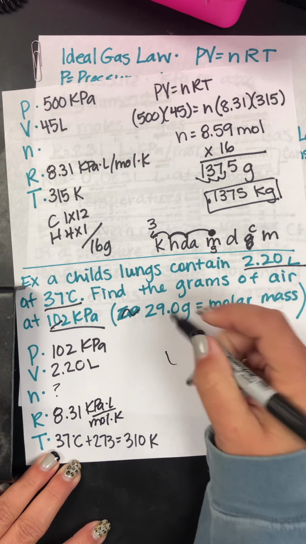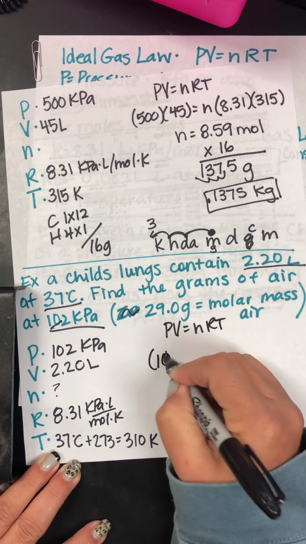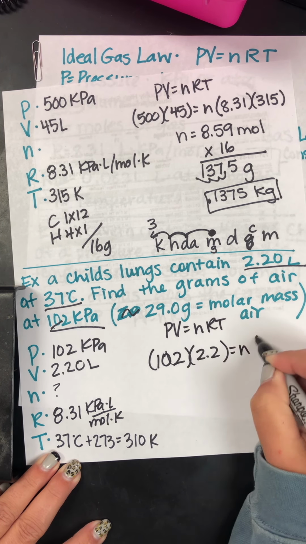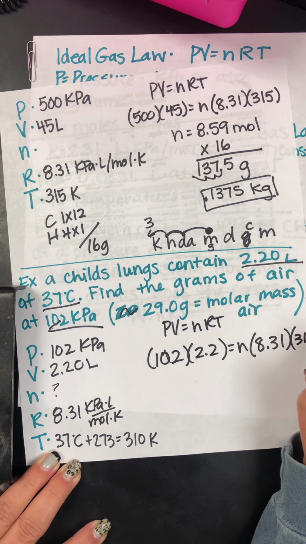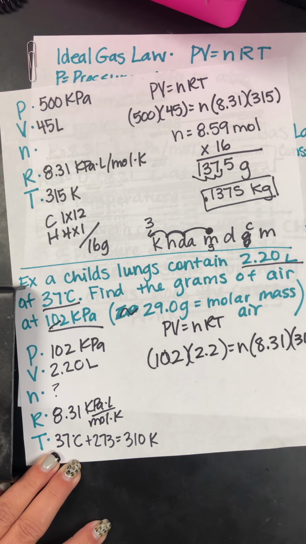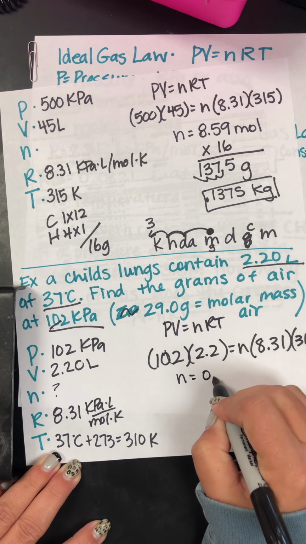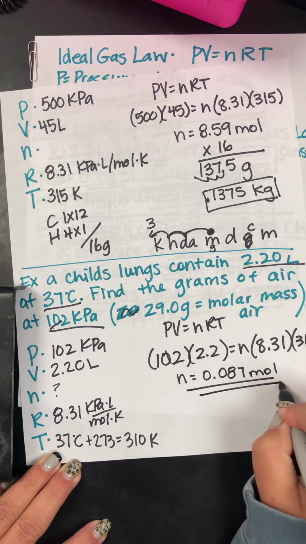So again, PV equals nRT. P is 102 times V, which is 2.2, equals N times R, which is 8.31, times T, which is 310. So 102 times 2.2 divided by 8.31, then divided by 310. So I get N is 0.087, and my units would be moles.